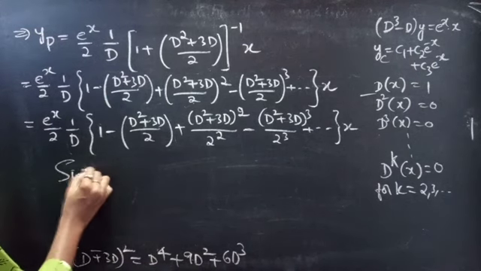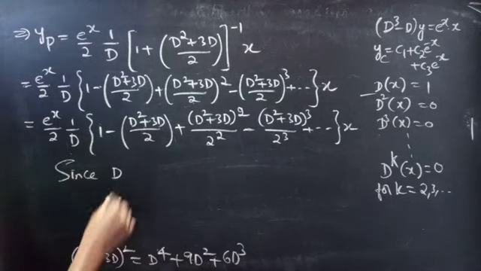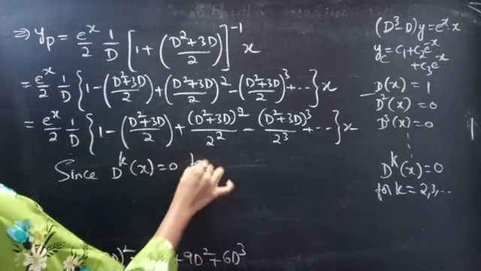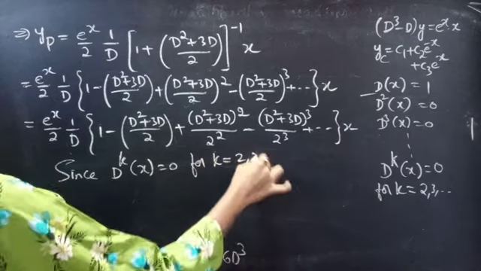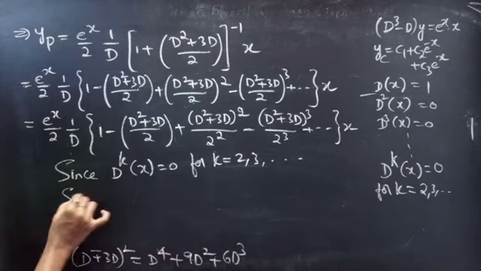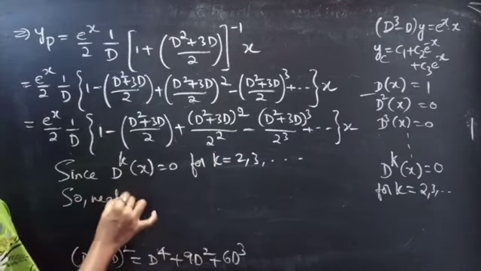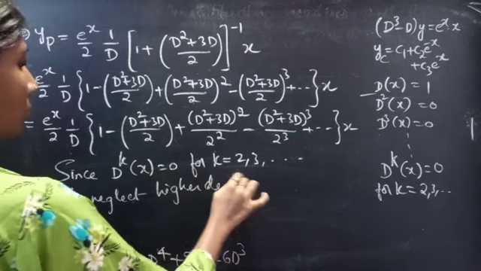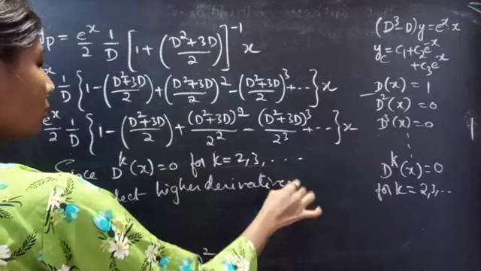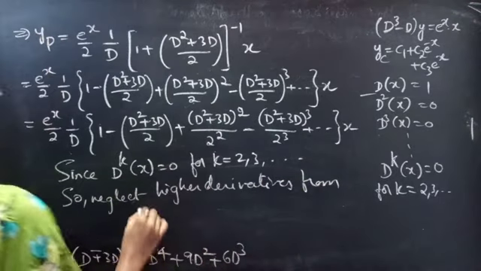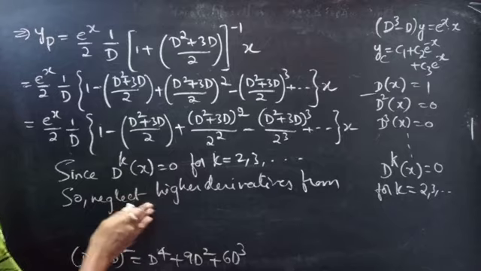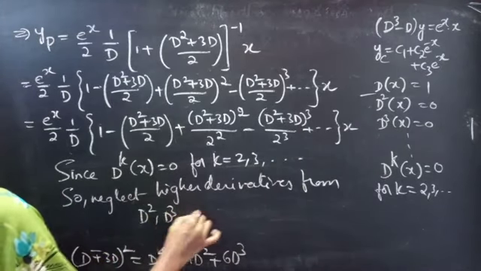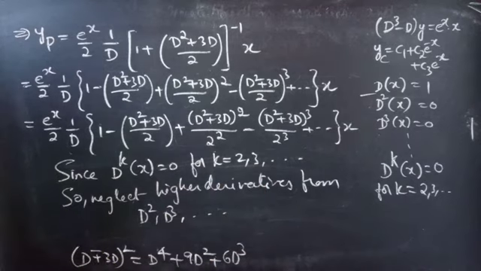Since d^k of x equals 0 for k equals 2, 3 and so on, neglect the higher derivatives from d³. Sorry, it involves d² also, right? d², d³ and so on, okay?